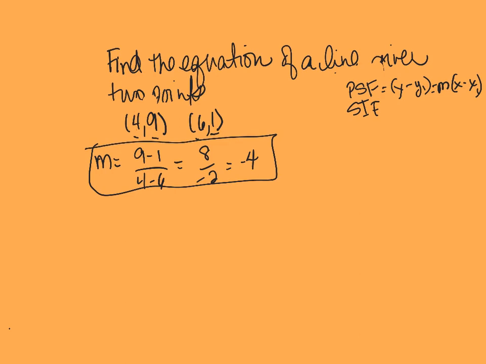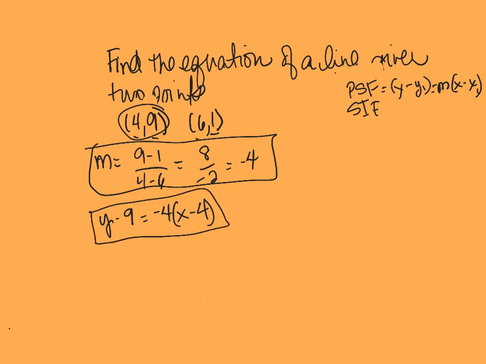So we'll just go ahead and take y minus 9 equals -4 and x minus 4. Make sure you use the same numbers from the same ordered pair. And then here you are, you have your equation in point slope form.